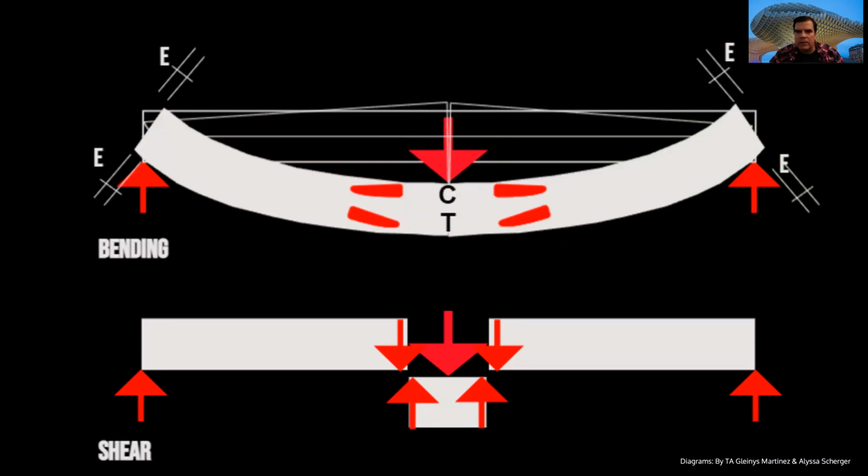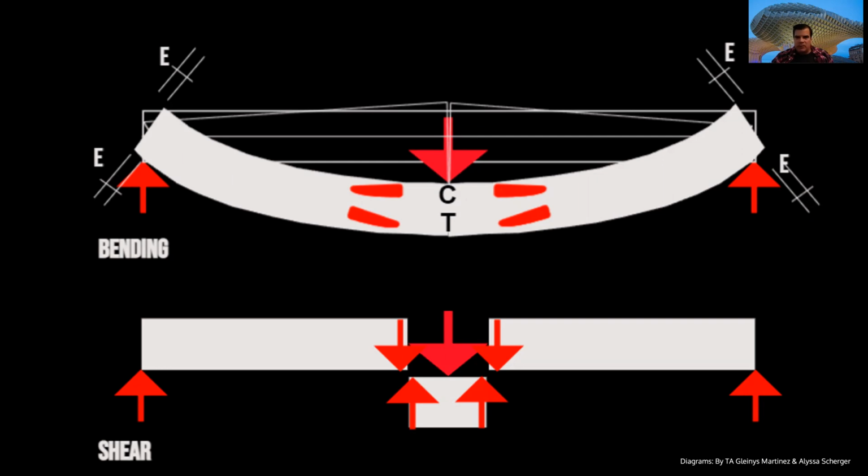But the other thing that can happen to the beam is that this force is strong enough to break the beam, like happens when you cut a paper with scissors. That will create that shear force, and the beam will be suffering both things.